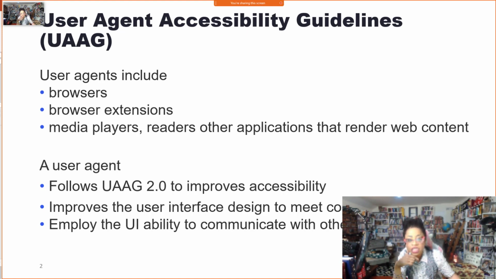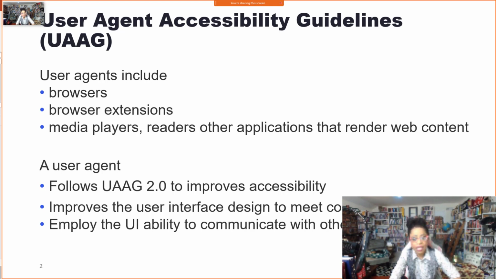A user agent follows UAAG 2.0. You can see the standards for this. You can visit section508.gov to get more details on UAAG, or you could just simply do a Google search on UAAG.